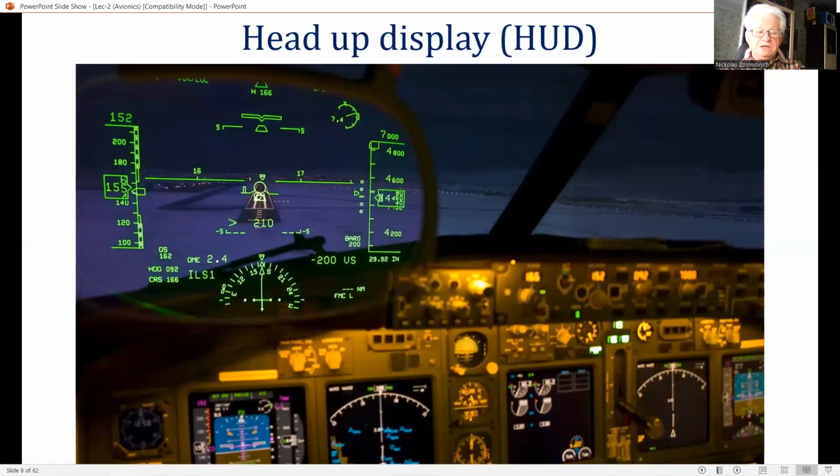HUDs are now being installed in civil aircraft for reasons such as inherent advantages of head-up presentation of primary flight information, including depiction of the aircraft's flight path vector, resulting in improved situational awareness and increased safety in circumstances such as wind shear or terrain avoidance maneuver.